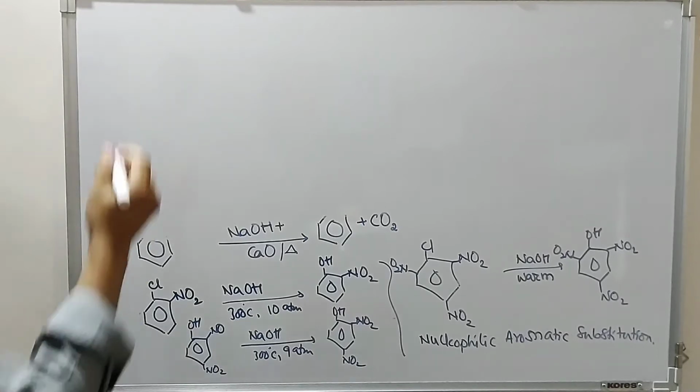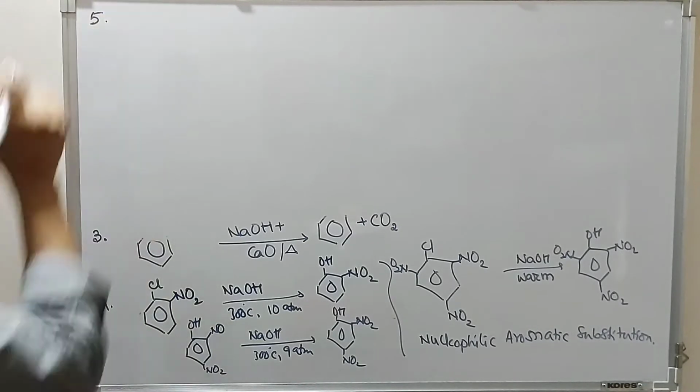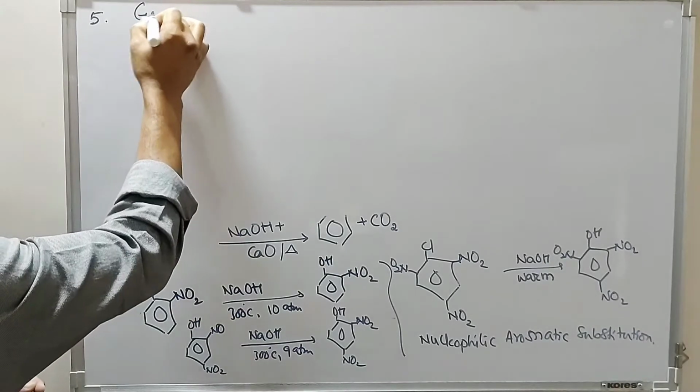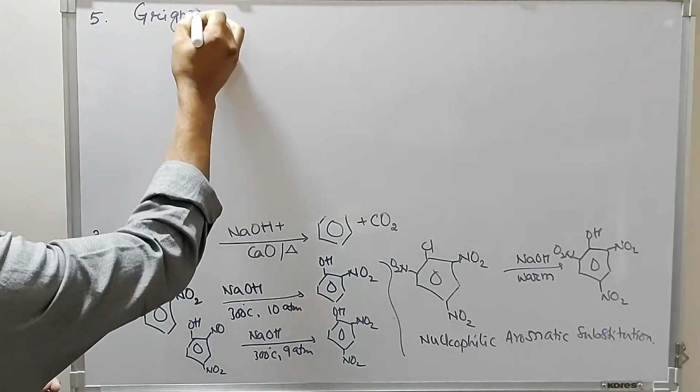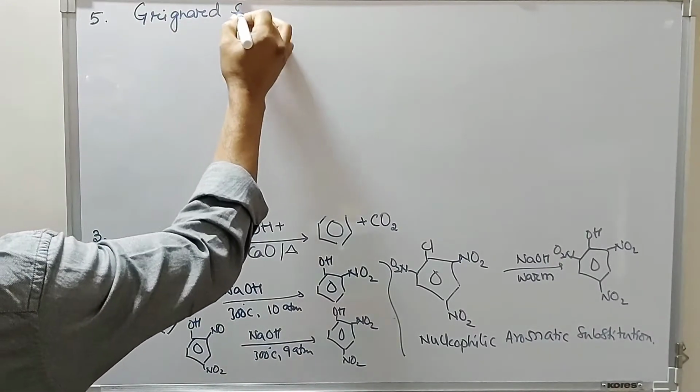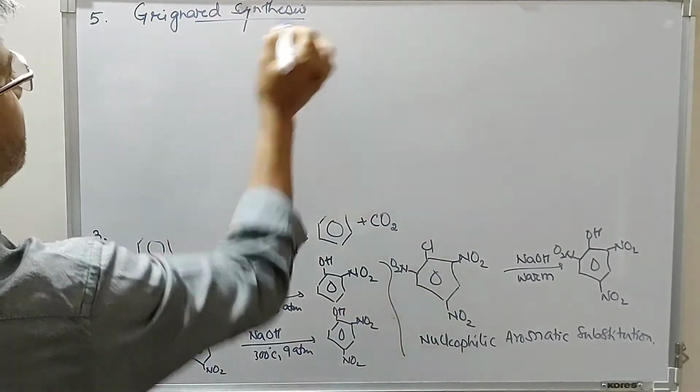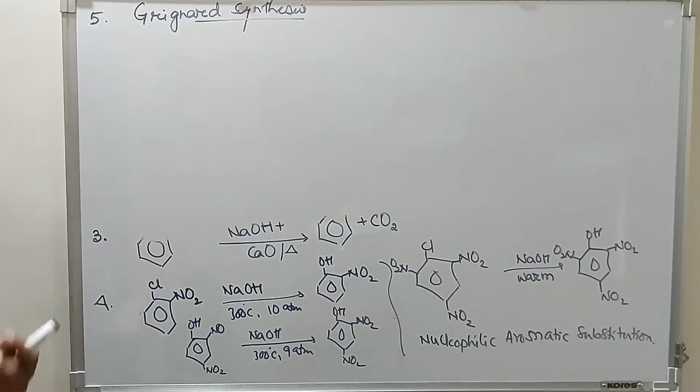Then we have next, that is by Grignard synthesis, means synthesis by a Grignard reagent. As usual, the starting compound is Grignard reagent, but we can also start from halobenzenes.